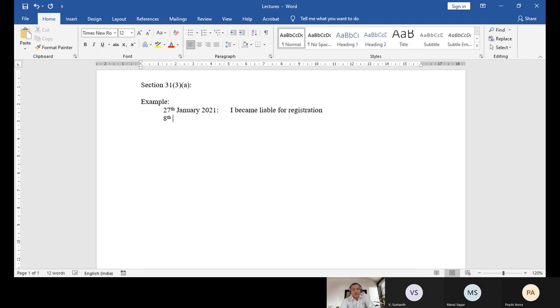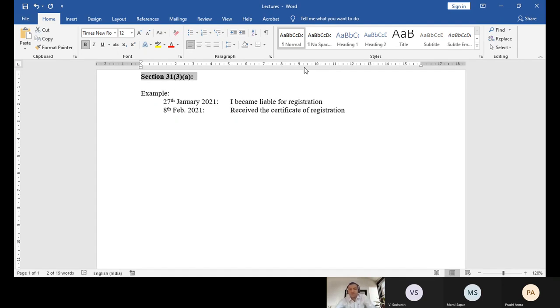For example, you got this certificate on 8th Feb 2021, you received the certificate of registration.